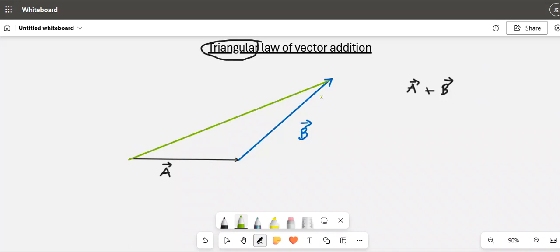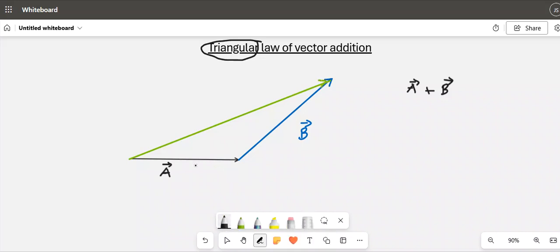You might expect the arrow to be in this direction, but this is wrong. The arrow must be given in the opposite direction. Here, this is the resultant of the vectors.